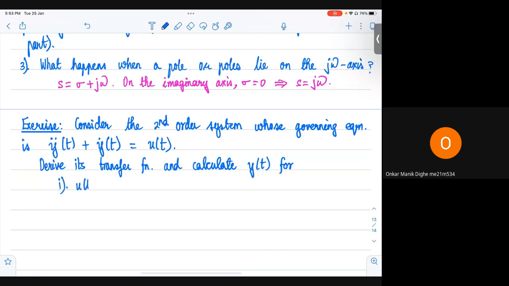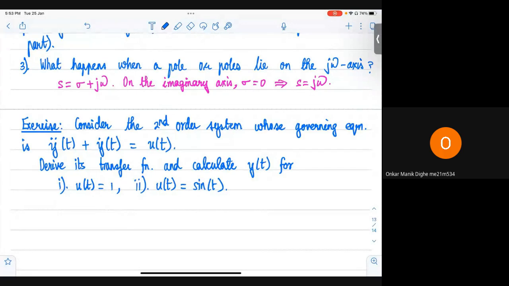The first is u of t equal to 1, the unit step input, and the second is u of t equal to sine t. I'm giving you two bounded inputs: the unit step input and a sinusoidal input with unit angular frequency. Please calculate the system output for these two bounded inputs.